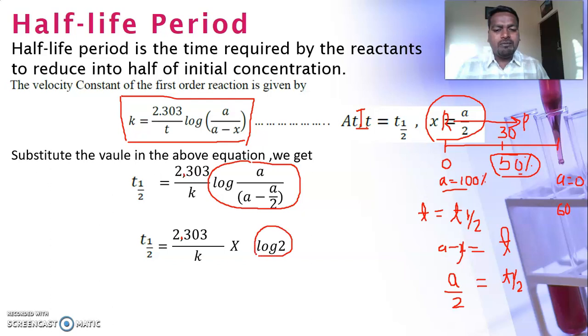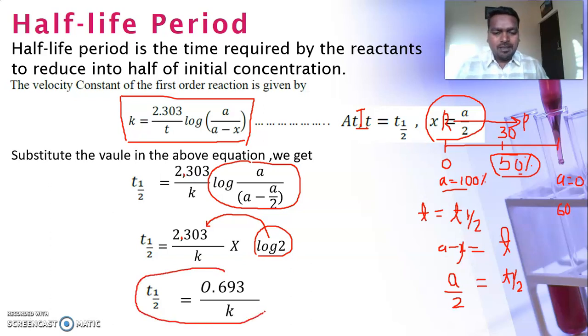We know the value of log 2, and if you multiply the value of log 2 with 2.303, we are going to get t half is equal to 0.693 divided by k. So this is the expression which relates the t half and rate constant of a reaction. In case of a first order reaction, the t half does not depend on the initial concentration.